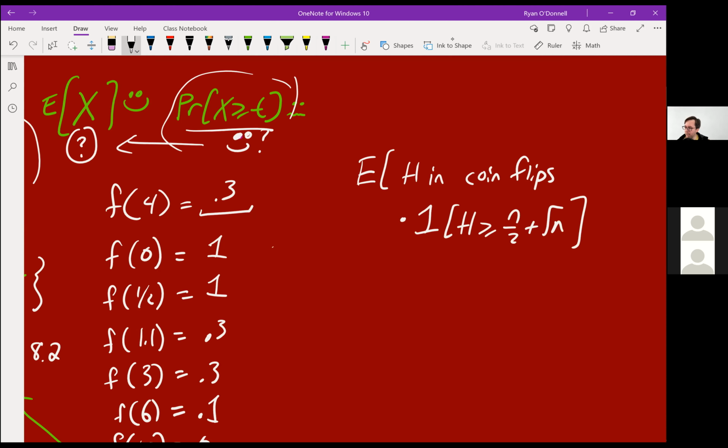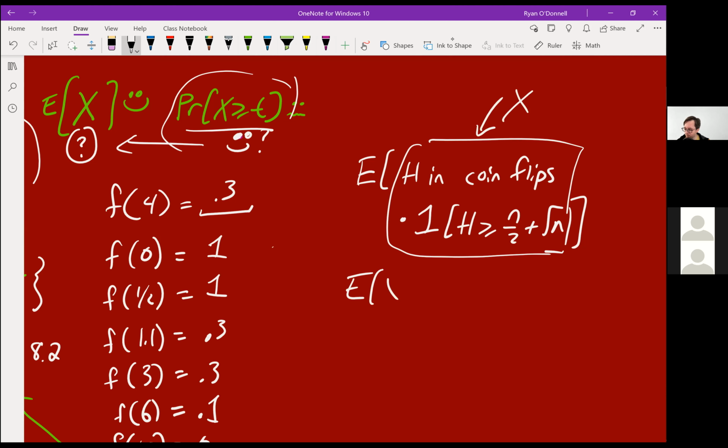In other words, flip a coin n times, but only take the number of heads if it's at least n over 2 plus root n, and otherwise take 0. That's a slightly odd thing to do, but it comes up. Maybe you're interested in the expected number of heads given that the number of heads was at least 2 standard deviations above its mean. We call this random variable x. Then it's not so easy to figure out the expectation of x. It's not super clear.